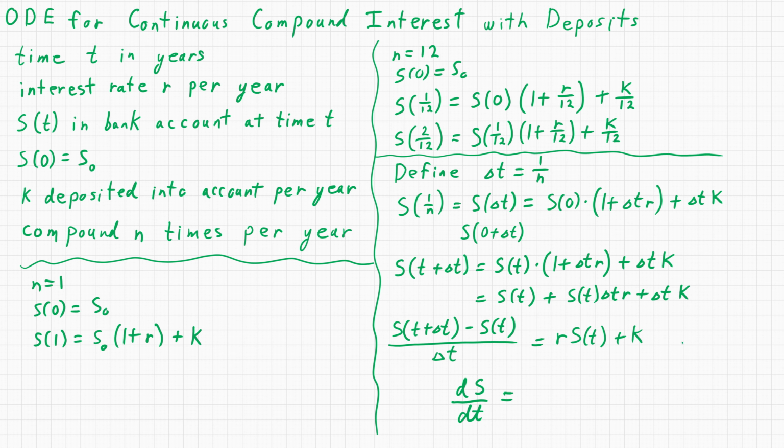So on that side, I'll write the limit as delta t goes to 0, and we get the derivative dS/dt here. On the other side, there were no delta t's left, so this turns into r times S plus K. So this is actually the ordinary differential equation that we get if we have an infinite number of compounding periods, and we're putting in a very, very small amount continuously all the time, that at the end of the year will sum to amount K. So this is the differential equation, and we're going to do some examples where we solve it.